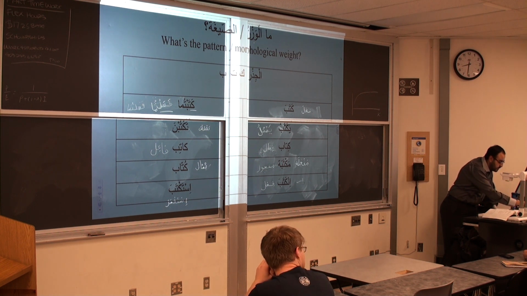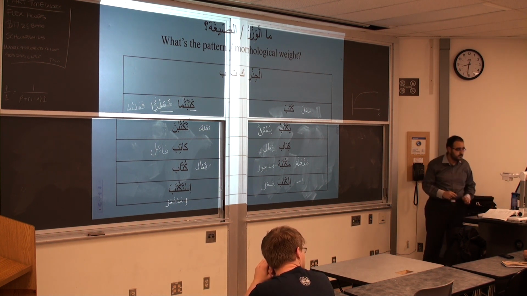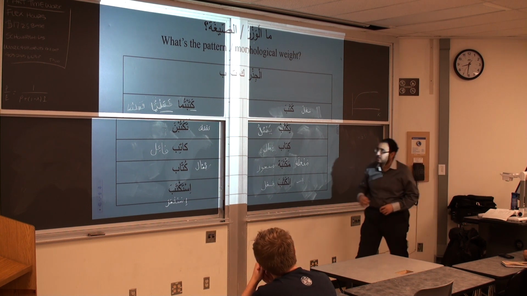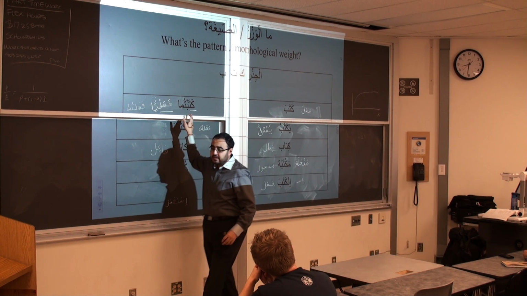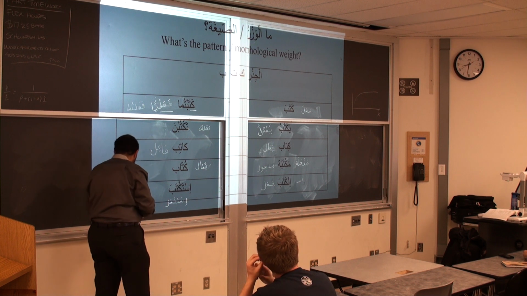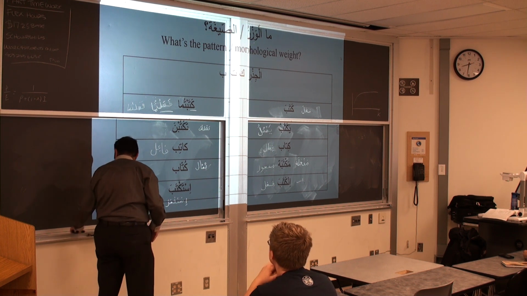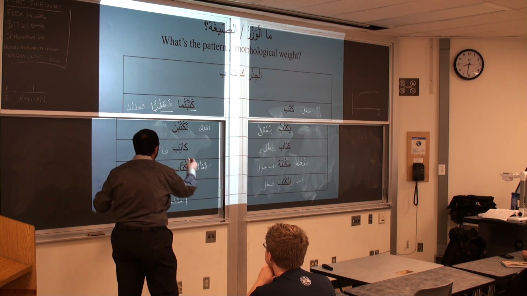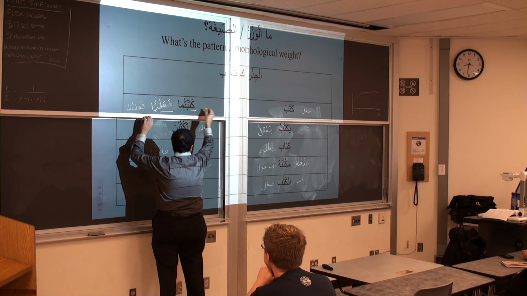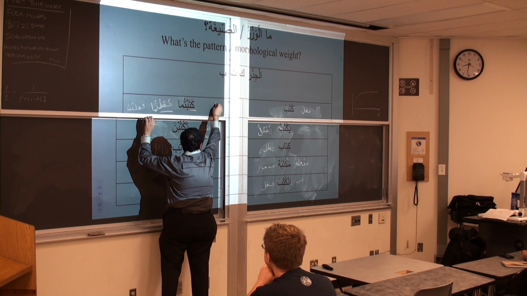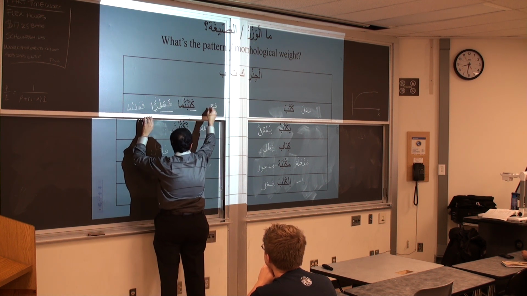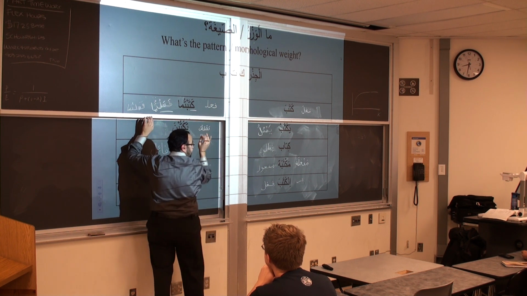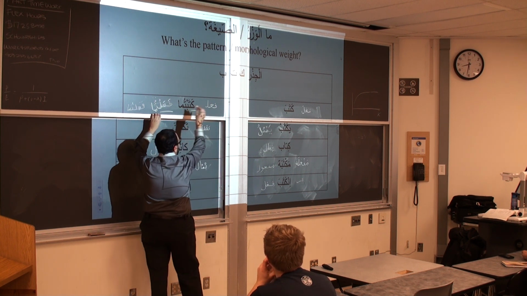Can you explain kitabuna? This one, the first one? Katabtuma. So how did we do it? Here is katabtuma. The kaf will be replaced by the fa, the ta will be replaced by the ayn, the ba will be replaced by the lam, as usual, and we'll add all the extra things.